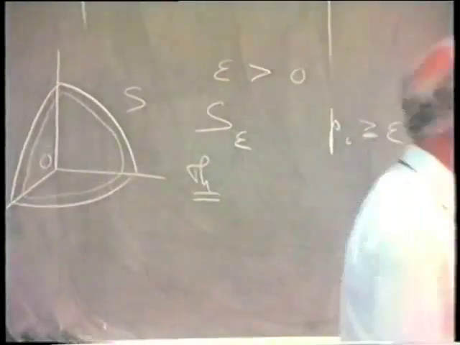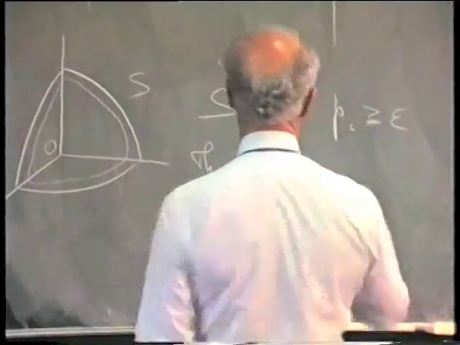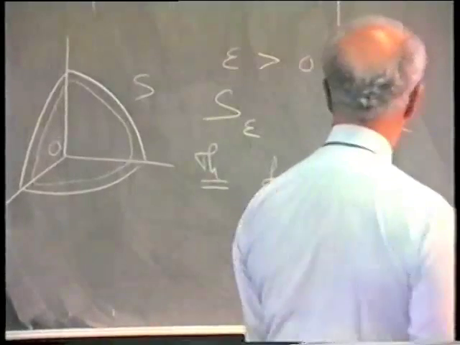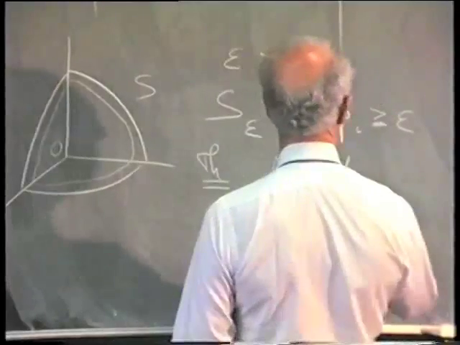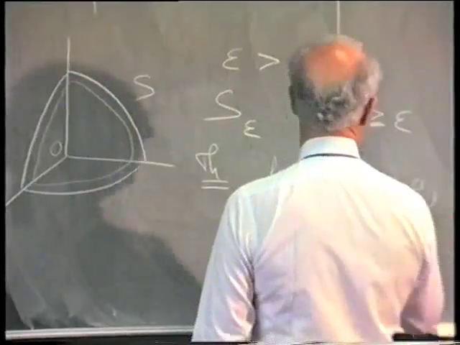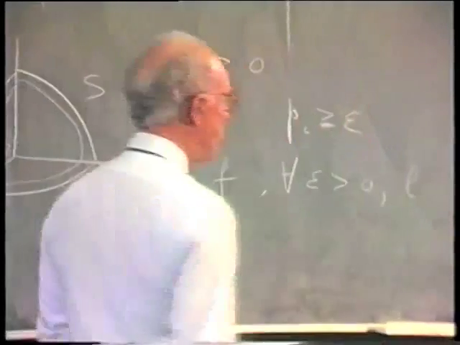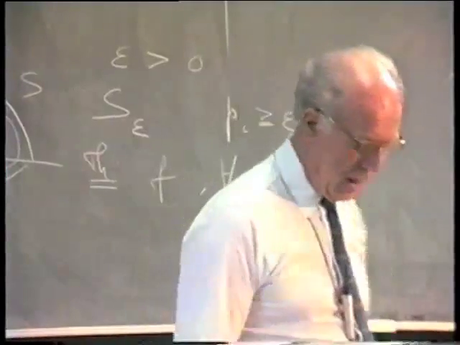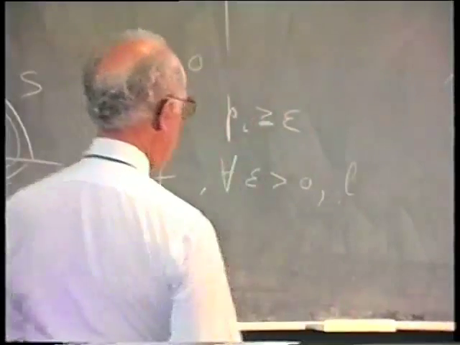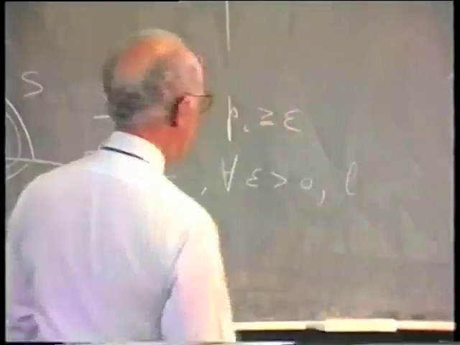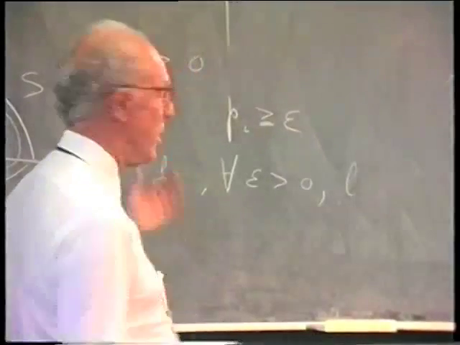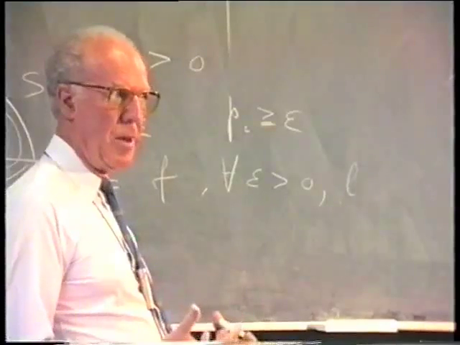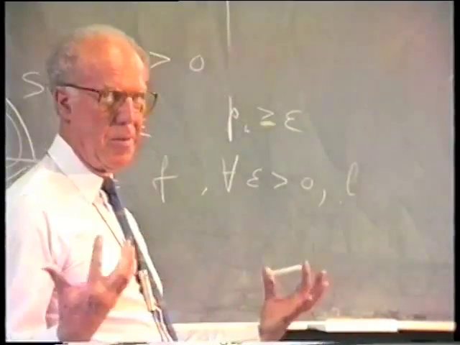If you have an excess demand function f satisfying continuity and Walras law, then for every epsilon positive, there are L consumers, all of them satisfying the strong properties I have listed earlier, such that the aggregate excess demand function that they generate is precisely f. So I have not written the theorem to save time. Is that clear to everybody?